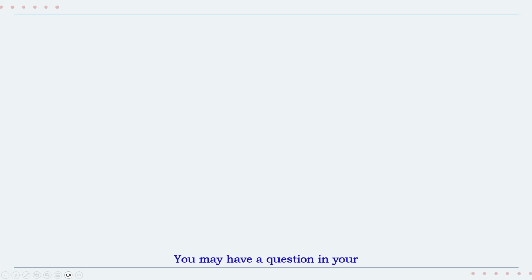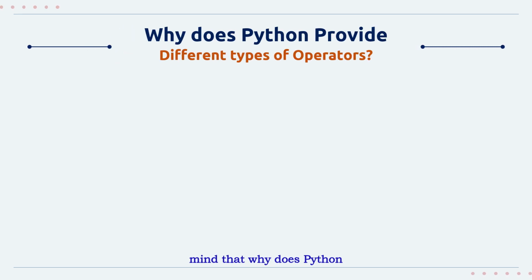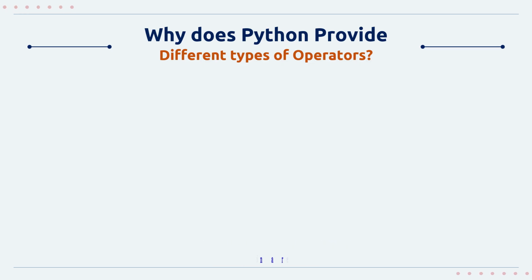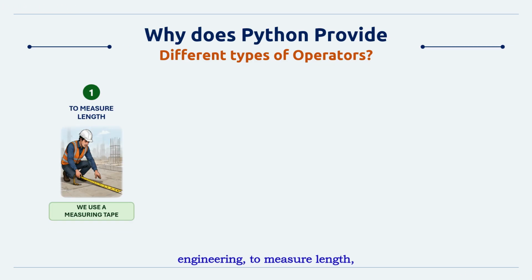You may have a question in your mind: why does Python provide different types of operators? Well, let us understand this in a very simple way. Suppose in real life, different tasks require different tools. For example, in civil engineering, to measure length, we use a measuring tape.